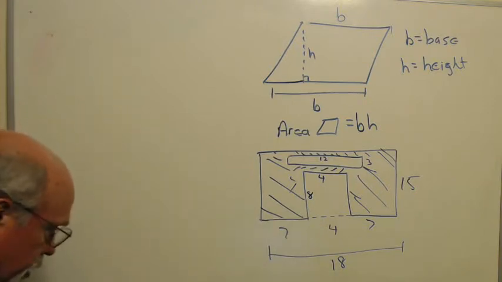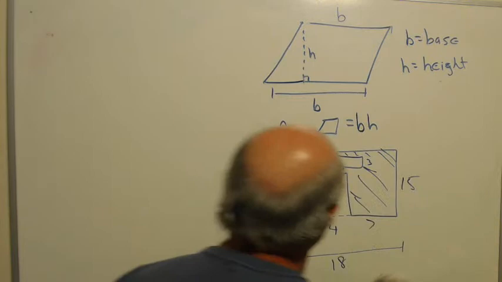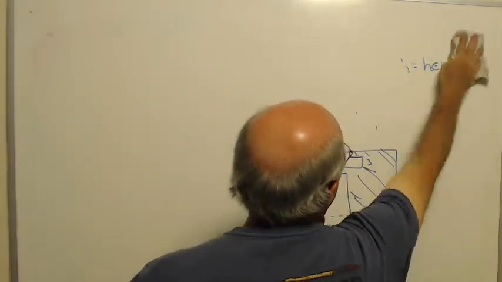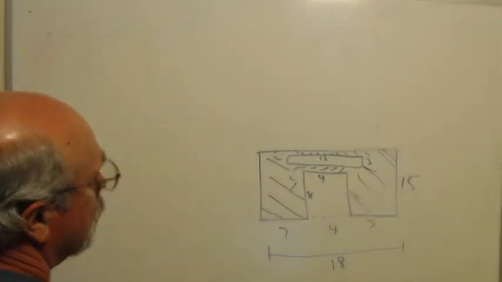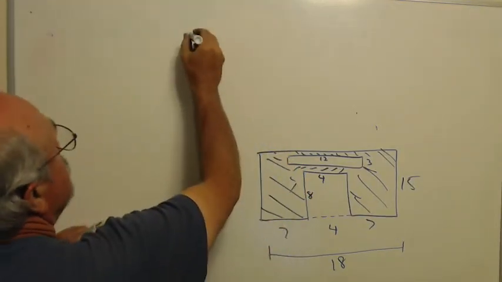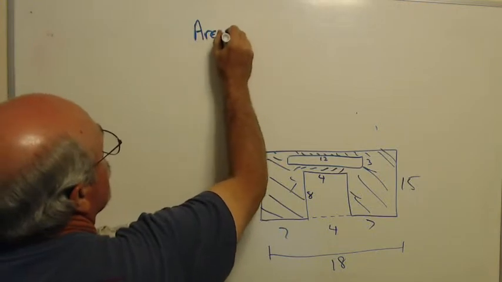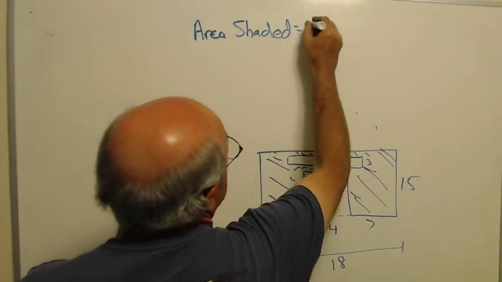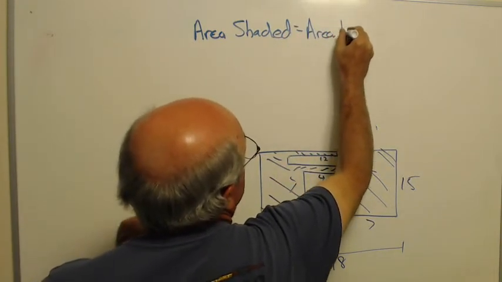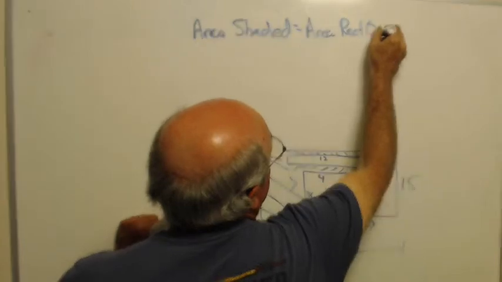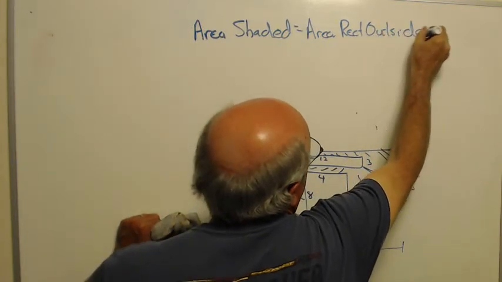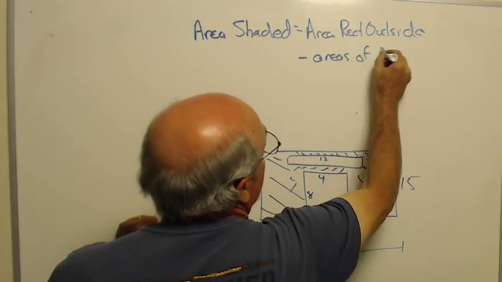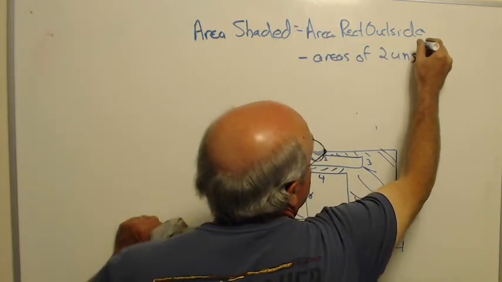So, my idea here is going to be to say, we won't need the parallelogram because we're dealing with all rectangles here, although a rectangle is a special parallelogram, that the area shaded is equal to the area of the rectangle on the outside minus the areas of the 2 unshaded rectangles.